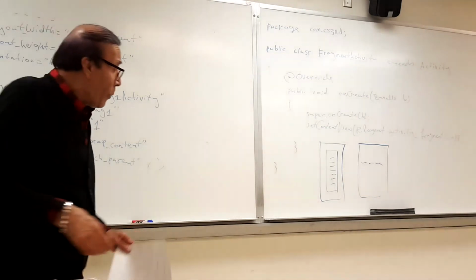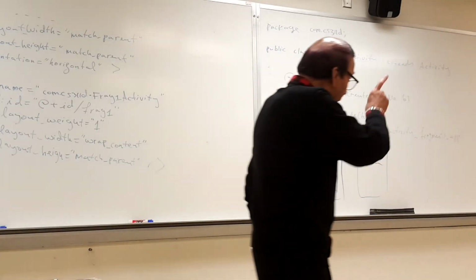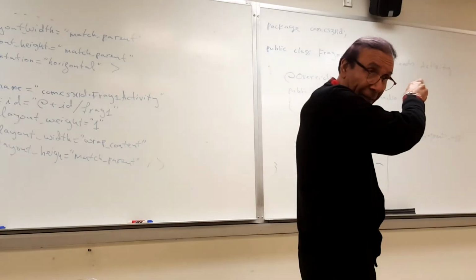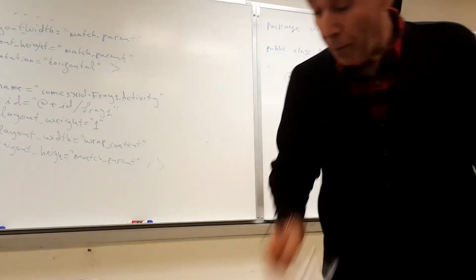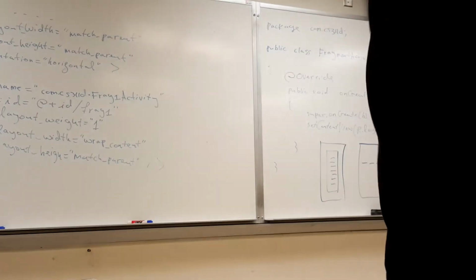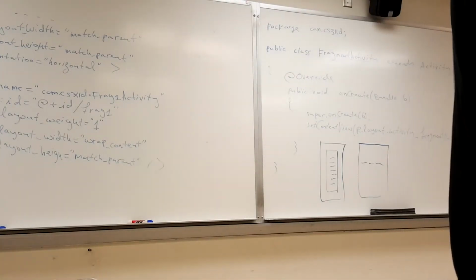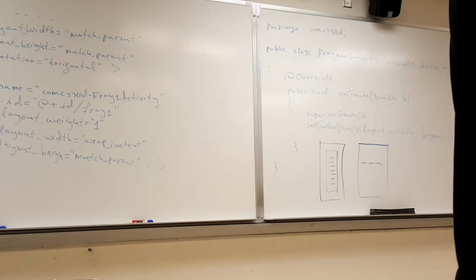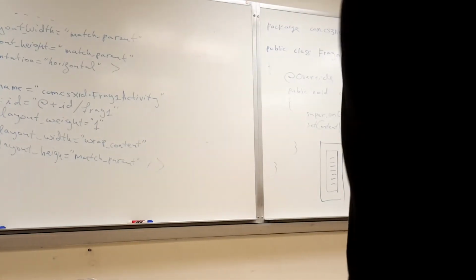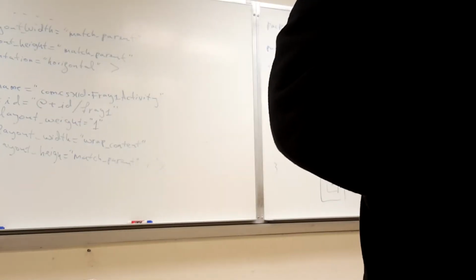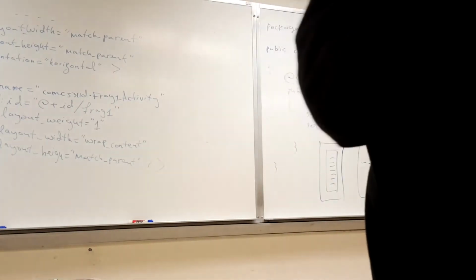Now, when we are going for clicking, on click here, we need to check if we are in landscape, do it that way. Otherwise, do it the other way. Because if we are in landscape, everything would fit into a screen, so there's no problem. But if it is in portrait, it wouldn't fit into one screen.